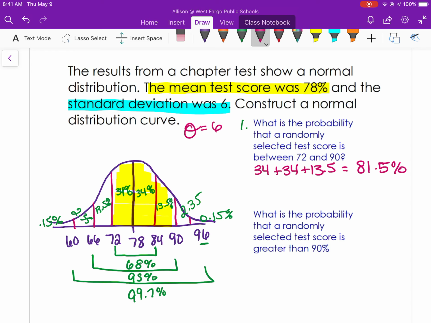So the probability that a randomly selected test was between 72 and 90 is 81.5%.